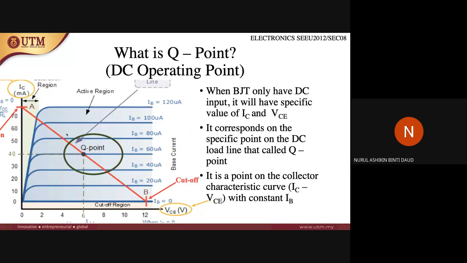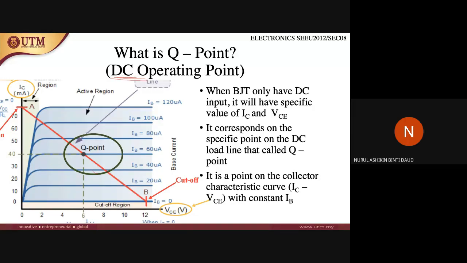Now let's look at what is point Q. Point Q, if you still remember, inside the output characteristic graph just now, there is a Q point. So what is Q point actually? Q point is the DC operating point. Please remember that all the formulas and all the regions that I mentioned just now are applicable for DC.